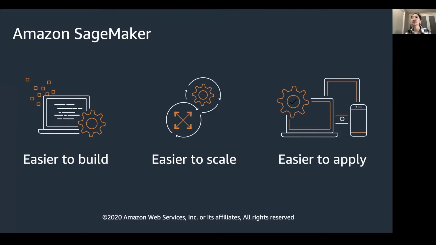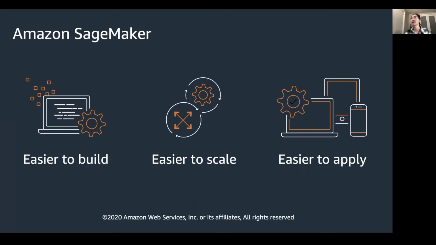So let's talk about Amazon SageMaker first. What is Amazon SageMaker? It is a fully managed service that provides every developer and scientist with the ability to build, train, and deploy machine learning models quickly. It provides an integrated Jupyter Notebook interface for easy access to your data source for exploration and analysis, so you don't have to manage servers.